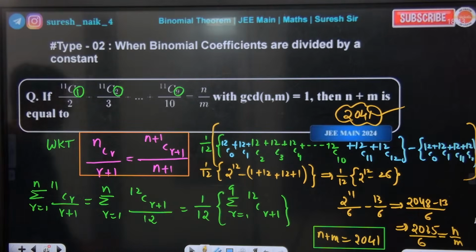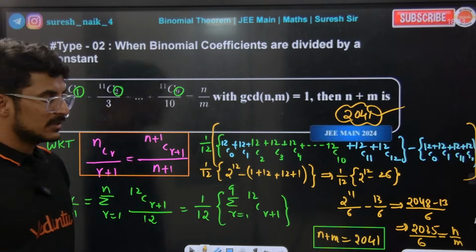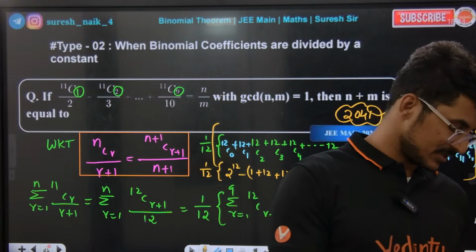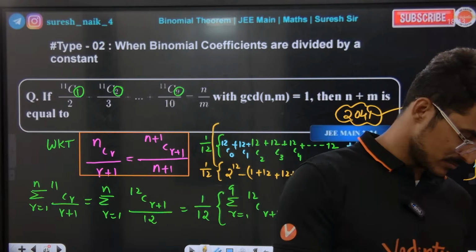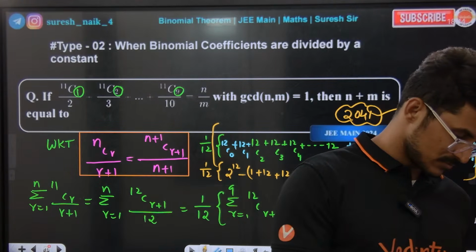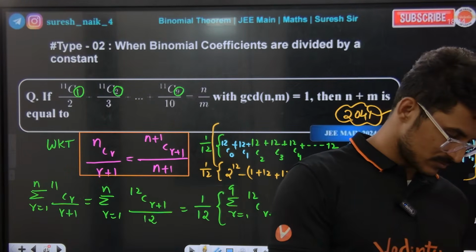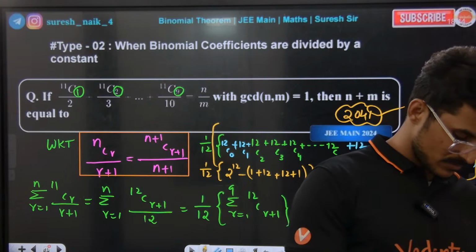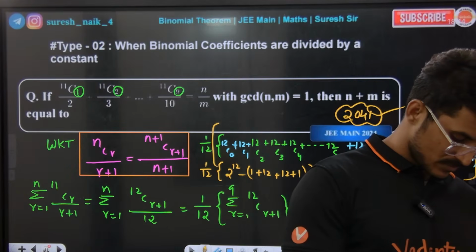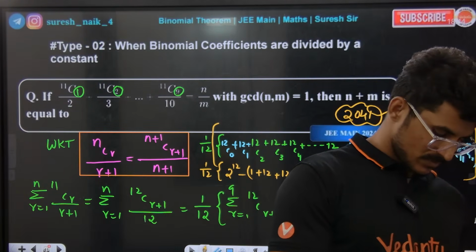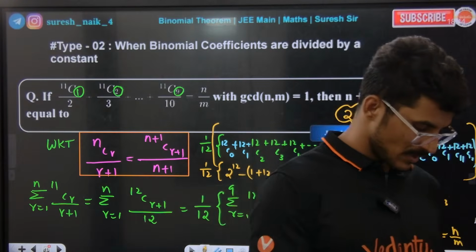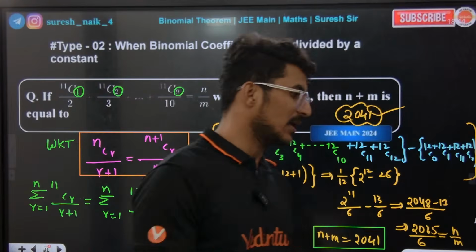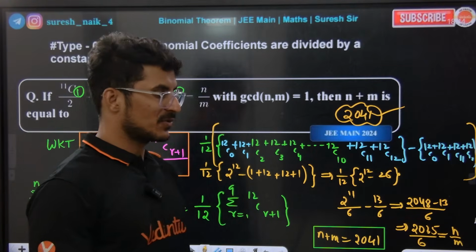Any doubts? Class 11th or 12th? This is class 11th already. Jarif, class 11th Jarif. I am Parameshwar neighbor.